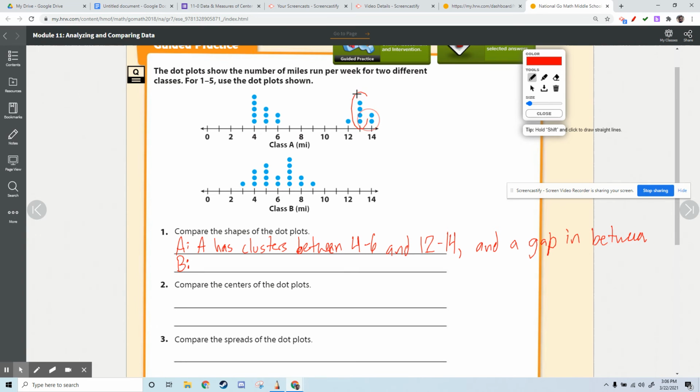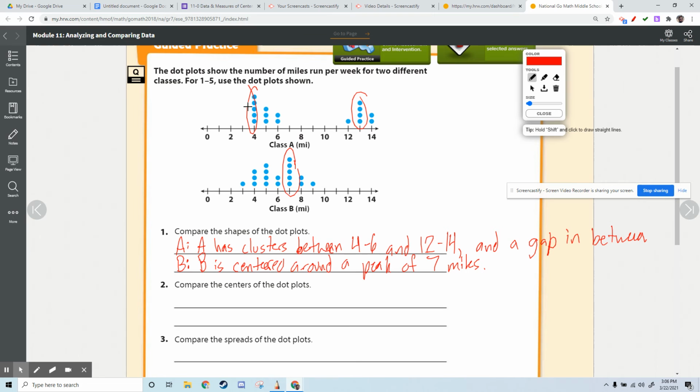We could also maybe talk about their peaks. This one actually has 2 peaks. Class B has 1 peak at 7. So B is centered around a peak of 7 miles.